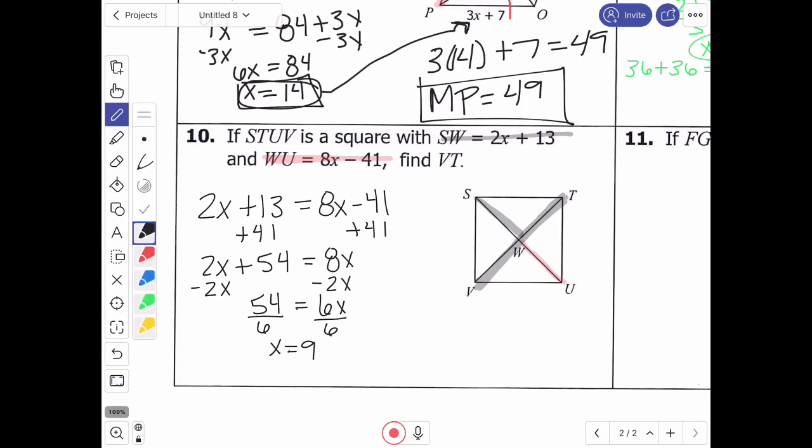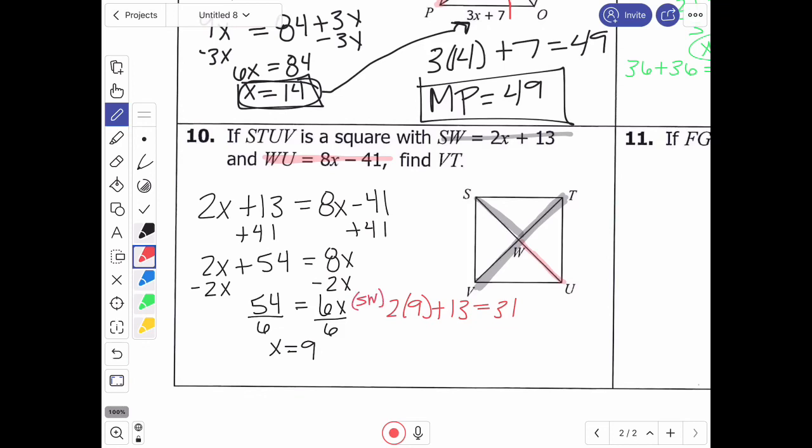When I plug in 9 for SW, I have 2 times 9 plus 13, which gives me 31, and that would be SW.